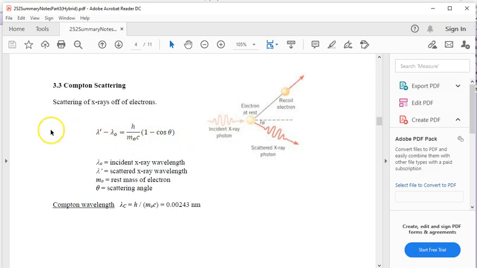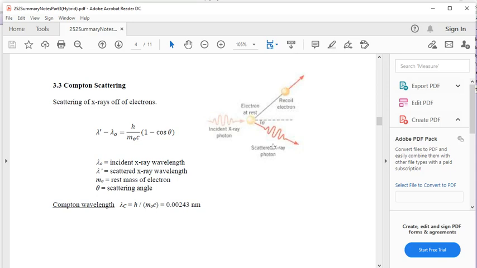It doesn't predict this exact dependence. But also, it seems like in the wave model there should be some dependence on the intensity of the X-ray electromagnetic radiation. So if you crank up the intensity, that should affect the scattering, but it does not.